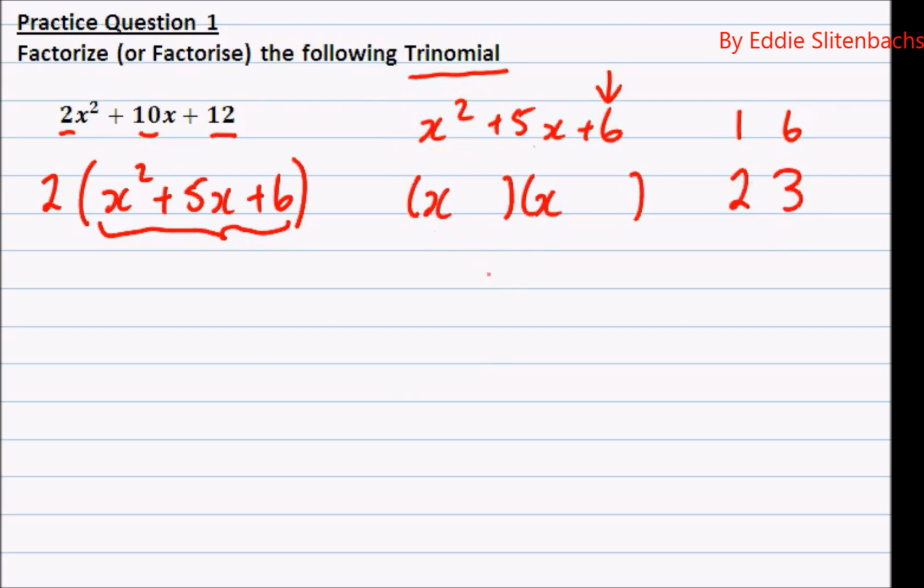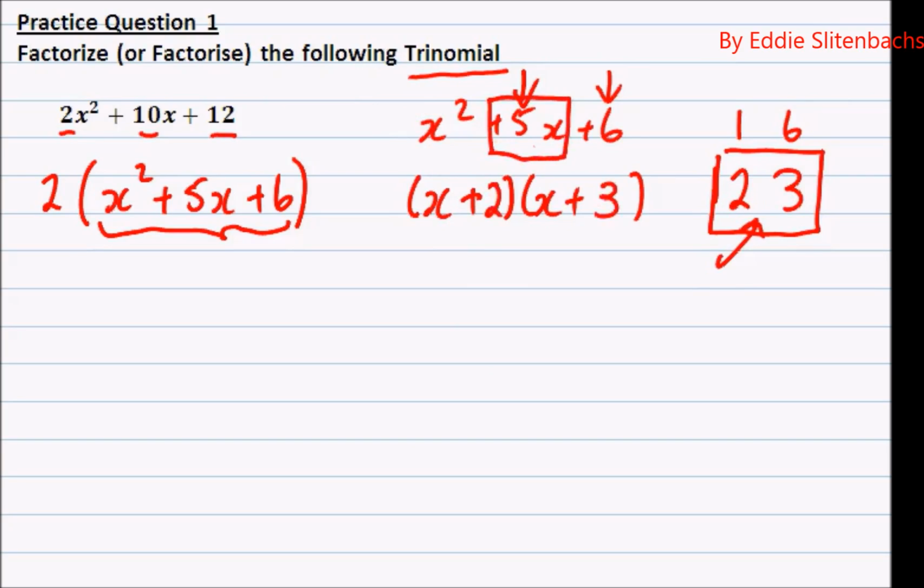Now when I look at these factors, I'm looking at the 5 and saying what 2 of those factors add to give 5, add to give the middle, because I've got a positive and a positive. So it has to be the 2 and the 3. So 2 plus 3 is going to give me my middle term, which is 5.